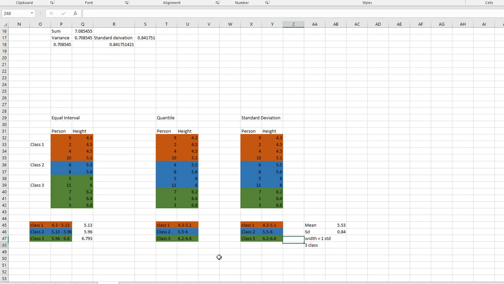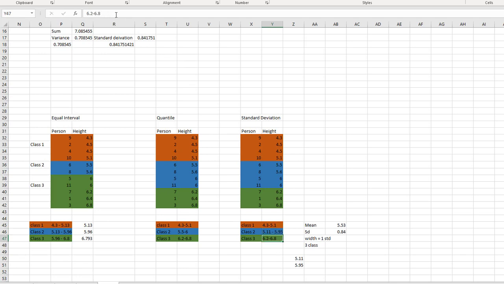So the lower end of the middle class is going to be equal to 5.53 minus the standard deviation divided by 2, because we want the full width to be 1 standard deviation. So that's going to be minus 0.42. So our lower bound for class 2 is going to be 5.11, and the upper bound is going to be equal to the mean plus half a standard deviation, or 0.42, to 5.95.